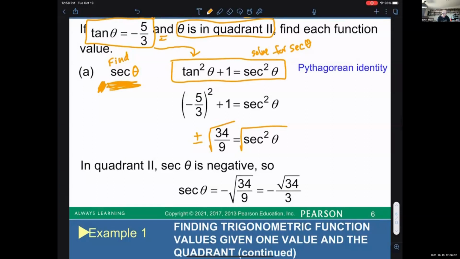They didn't put this in good detail here, but what this means is that secant theta is equal to either the positive or the negative square root of 34/9. And when you have a square root on a fraction, you can apply it to the top and the bottom. So that means the positive or negative square root of 34 divided by the square root of 9, which is 3.